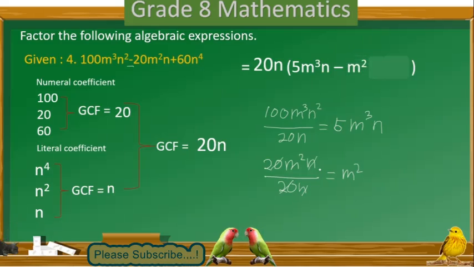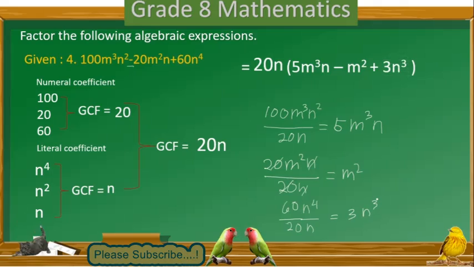Then copy the given sign, then 60n to the fourth divided by 20n. So 60 divided by 20, that is 3. Then n to the fourth divided by n, that is n cubed.